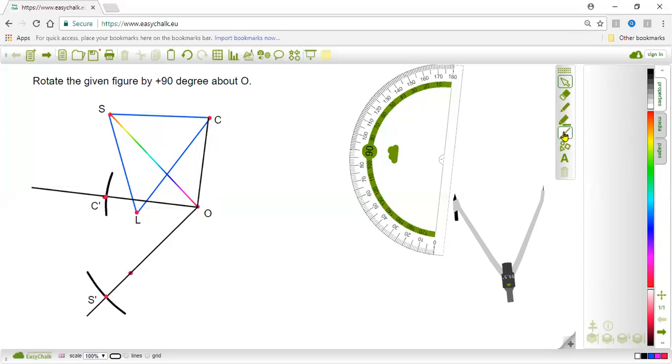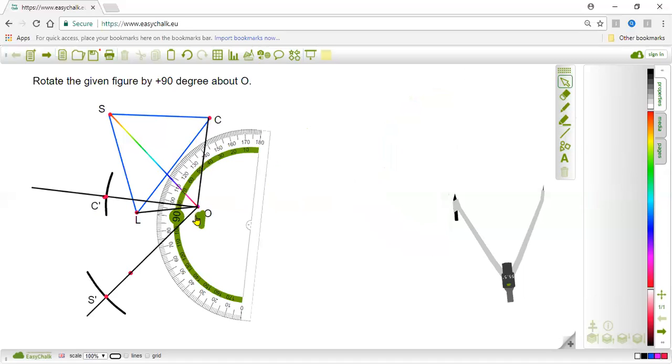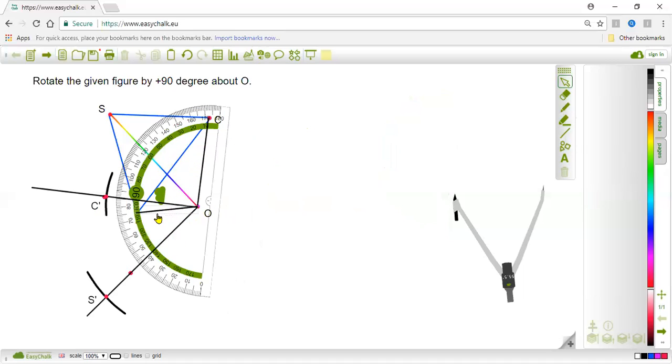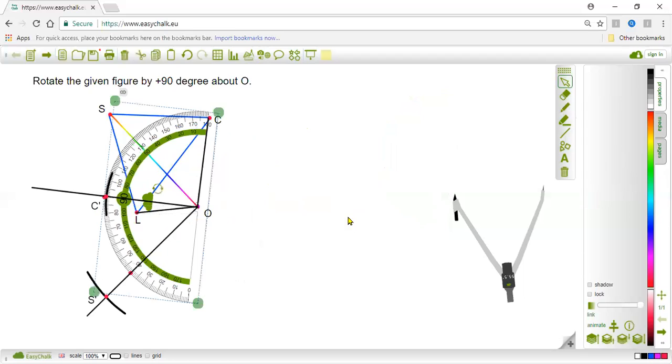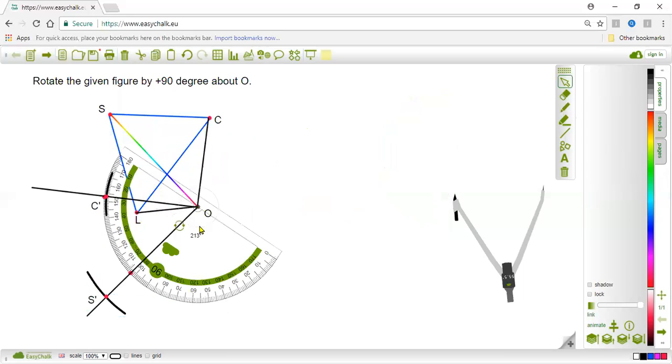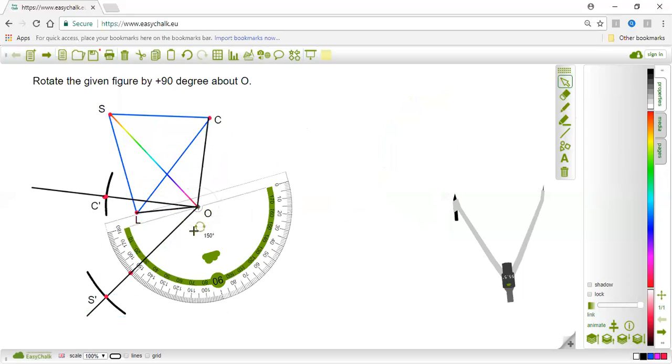Let's do the same thing for the next vertex L. Let's first connect it to the center like this, and make an angle of 90 degrees with this line LO, and that angle should be in the anti-clockwise direction at this point O. Let me rotate this protractor a little bit and put the axis of the protractor.